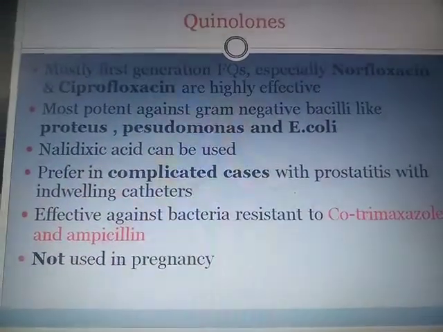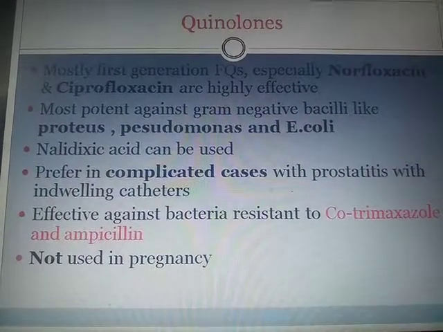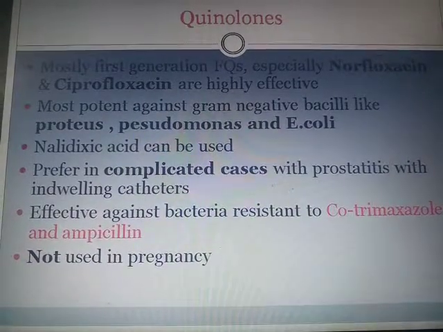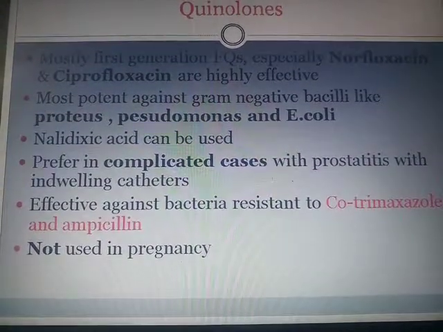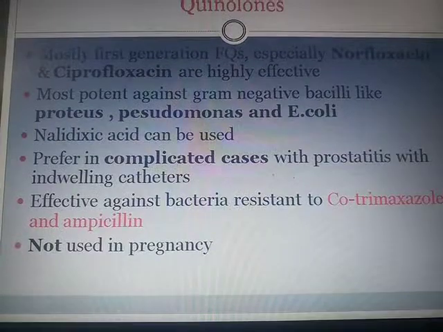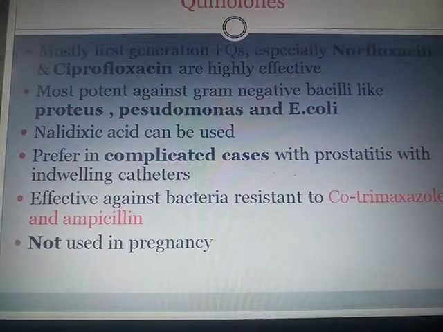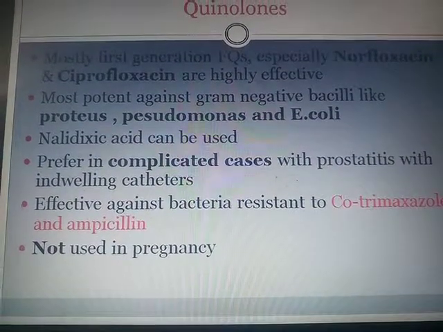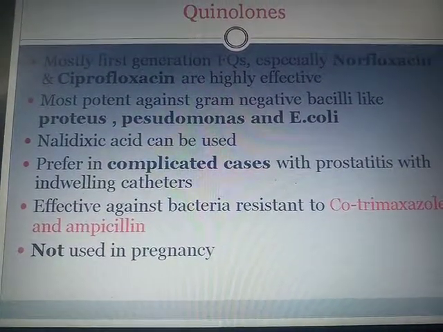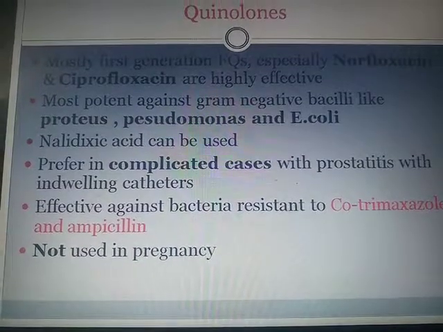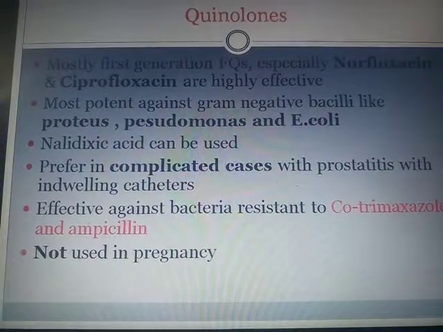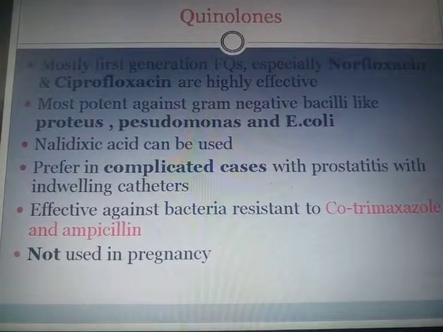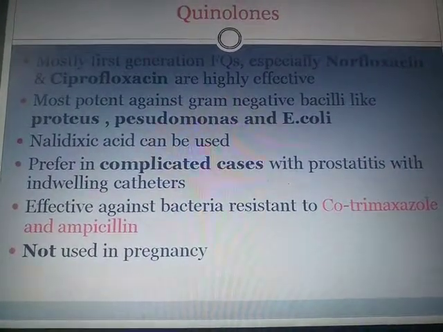Quinolones. Whenever there is a urinary tract infection, a most preferred drug is norfloxacin. The first generation fluoroquinolones, especially norfloxacin and ciprofloxacin, are highly effective, most potent against gram-negative bacilli like Pseudomonas, Proteus and E. coli. Nalidixic acid can also be used because it gets concentrated in the urine. The most preferred dose is norfloxacin 400 mg BD for 7 days.